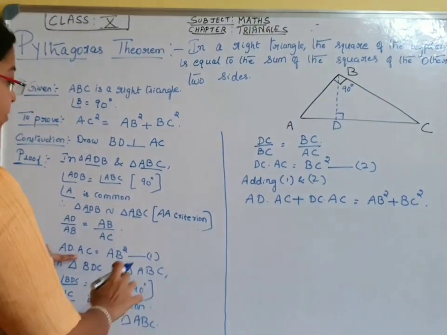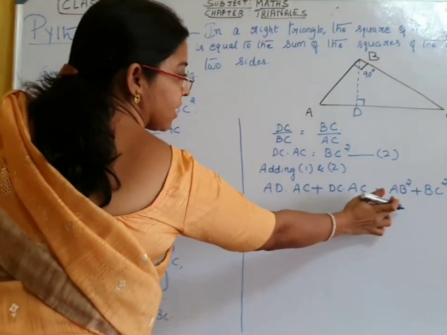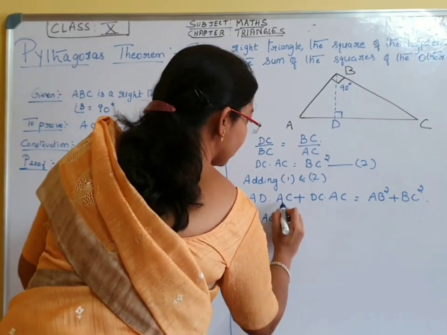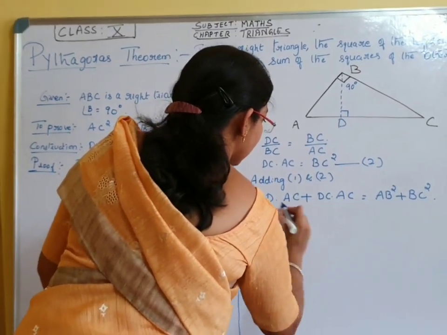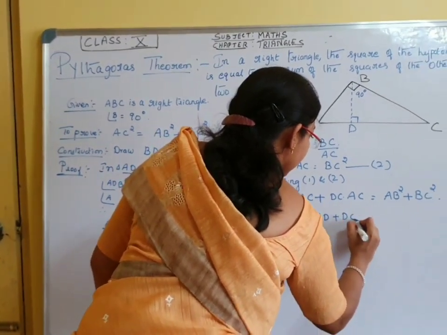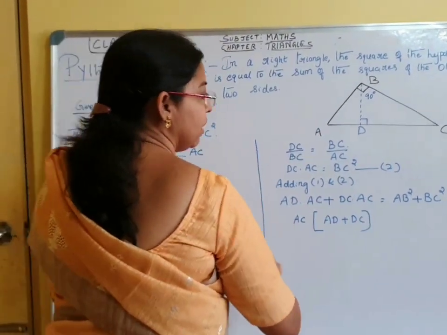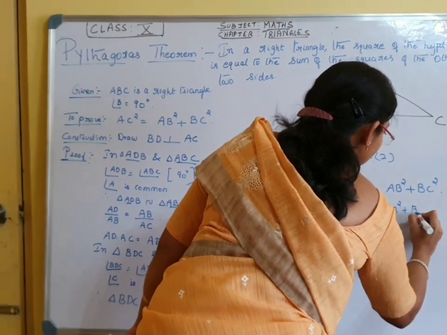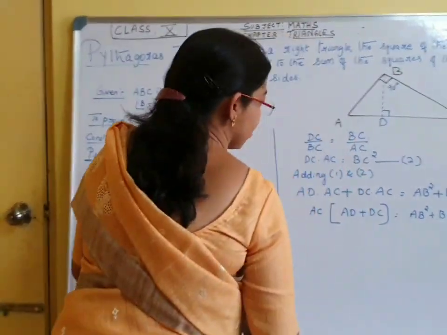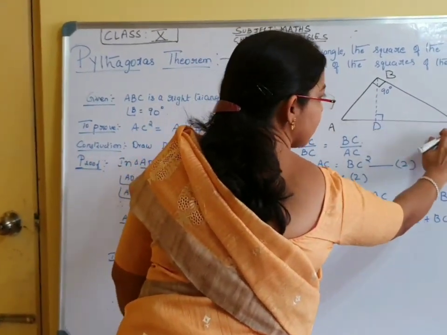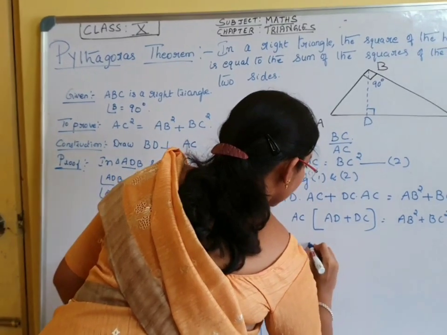How do we add? Left hand side and right hand side. Here AC is common. We are left with AD plus DC. Take AC common. Right hand side we retain AB square plus BC square. What is AD plus DC? AD plus DC is nothing but AC.